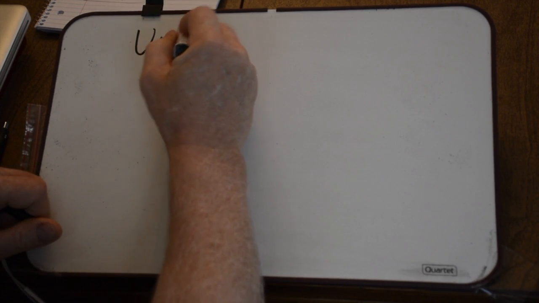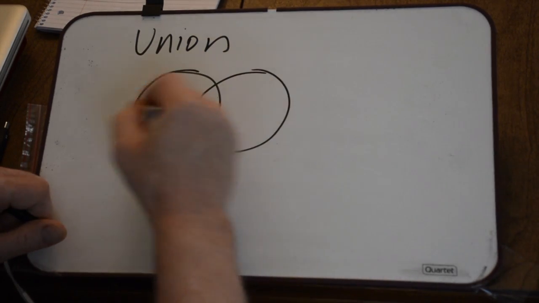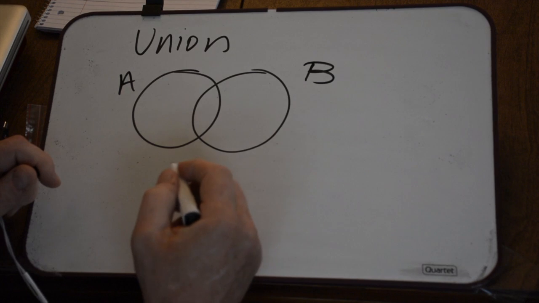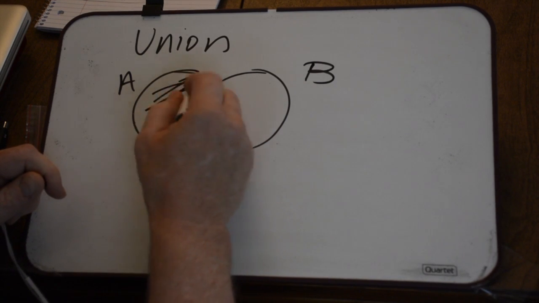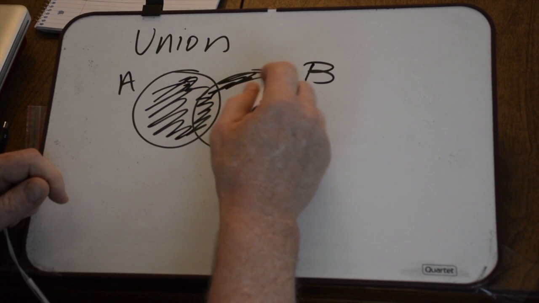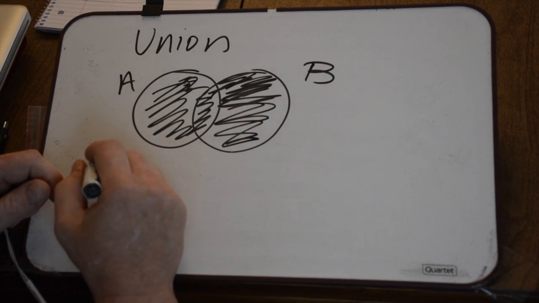Let's now talk about the case of the union of 2 sets. Union of 2 sets. That would be the case where if you had an A and a B, the union would include all of the elements that are in A or B or both. And that's an important definition.